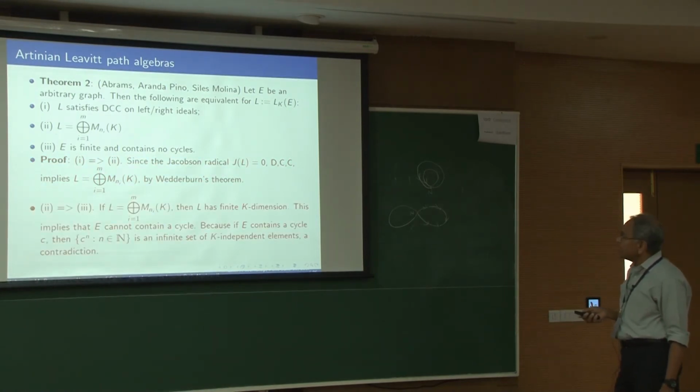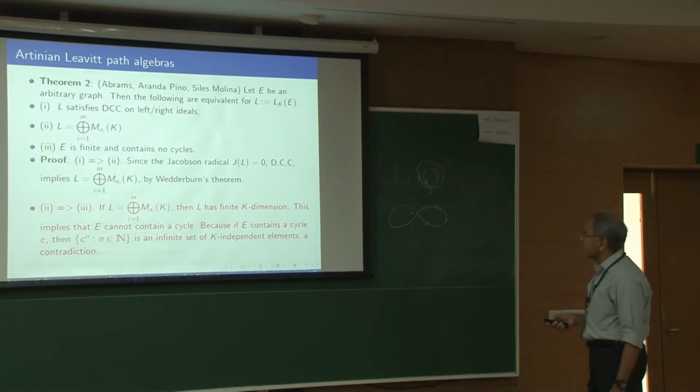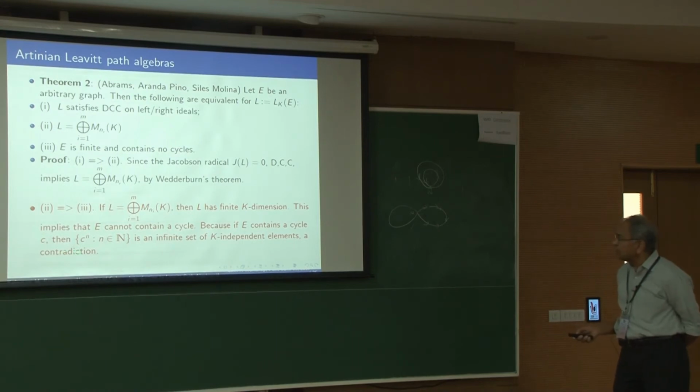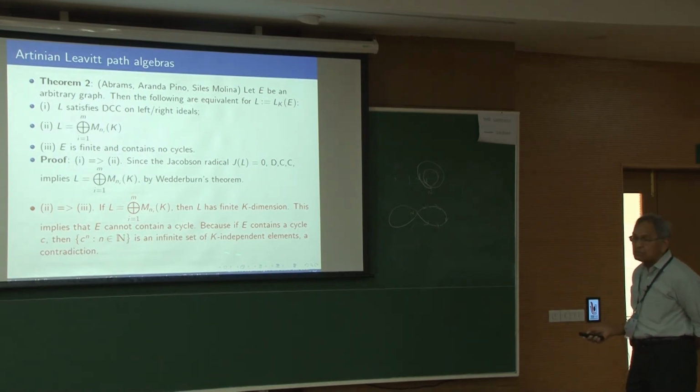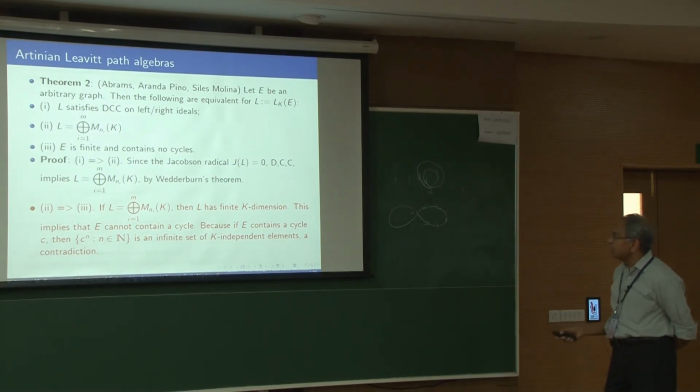On the other hand, if it is a direct sum of finitely many matrix rings, it necessarily has a finite k dimension as a vector space over k. This would imply that the graph cannot contain a cycle, because if it contains a cycle, then if you look at the various integral powers of the cycle c, they form a k-independent set of elements, so the k dimension of L would be infinite, contrary to the fact that L has finite k dimension there.